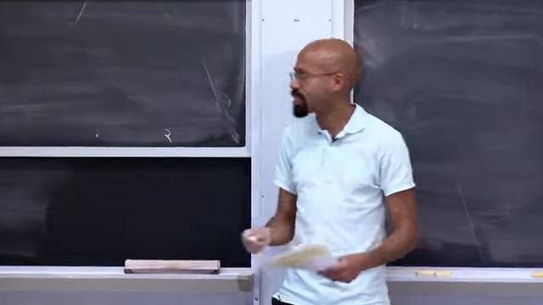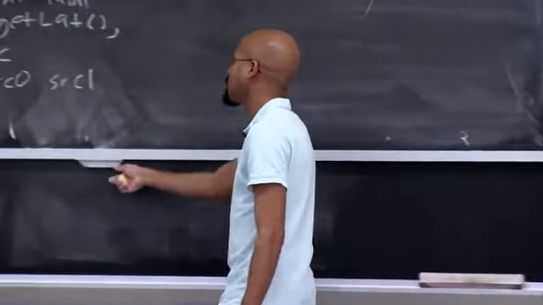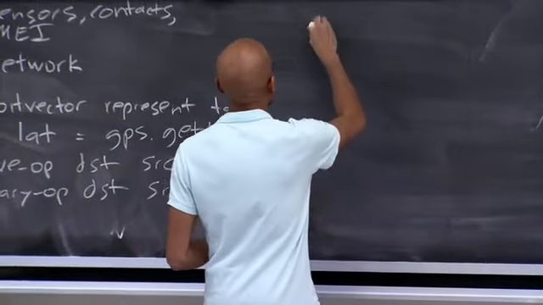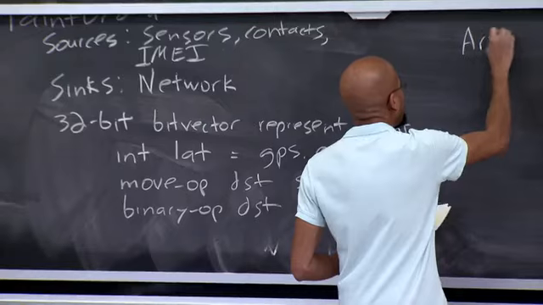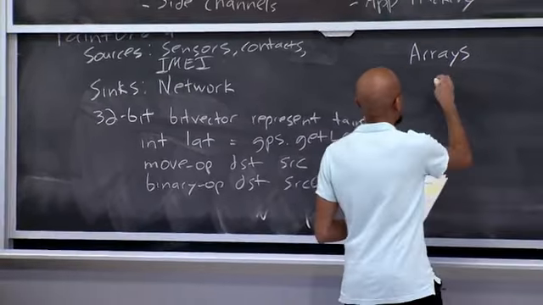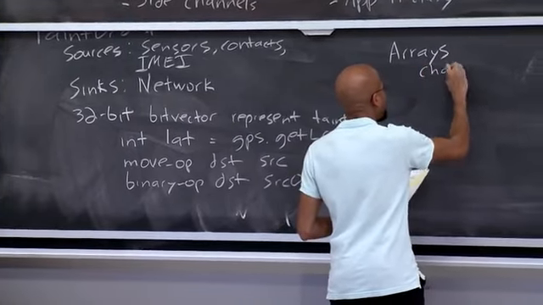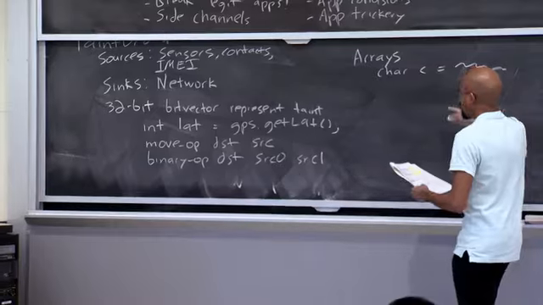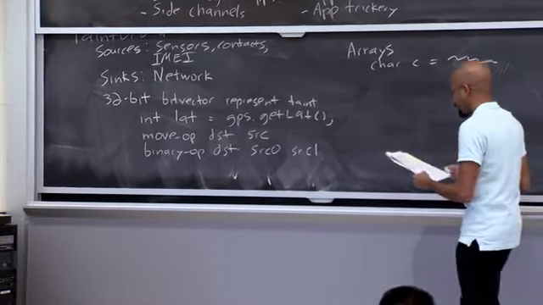Now there are some interesting special cases that they mention in the paper. One of those special cases involves arrays. Let's say you have some code that declares a character, and you get the value for the character somehow, it doesn't really matter.